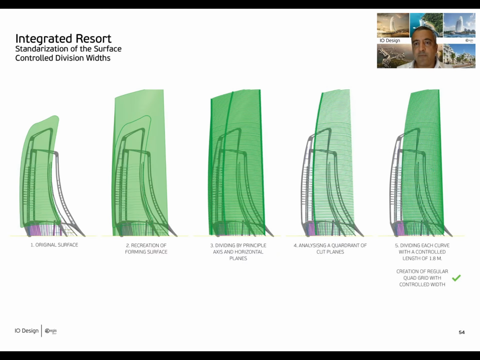And from there we could start dividing the sub-modules of the surface according to the control division widths of the panels that we were interested in making, already inputting some internal dimensions that were convenient for us, related to the structural grid lines, and so on.